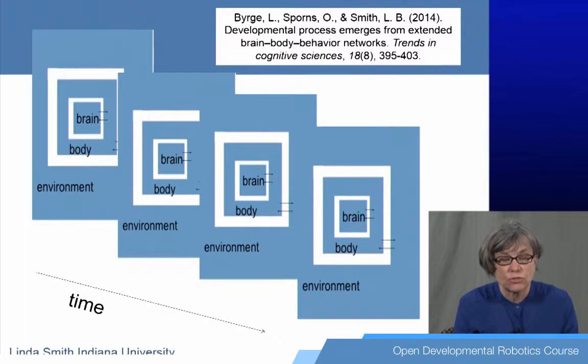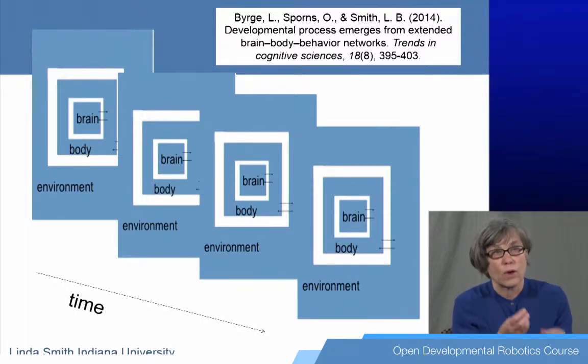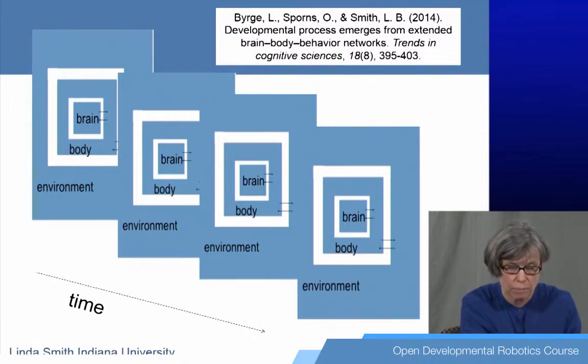When you think about this from a developmental systems point of view, though, you have to think of these couplings as changing over developmental time, and in fact, the whole brain-body environment system changing over developmental time.